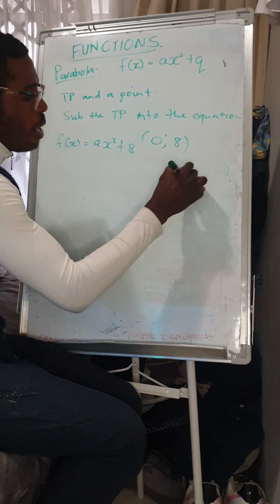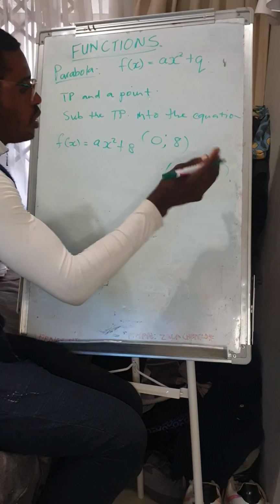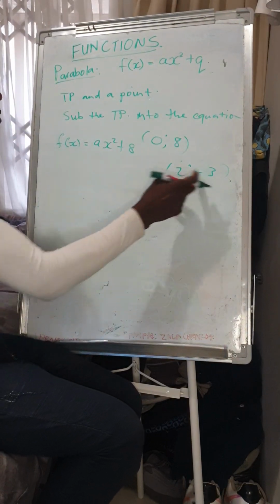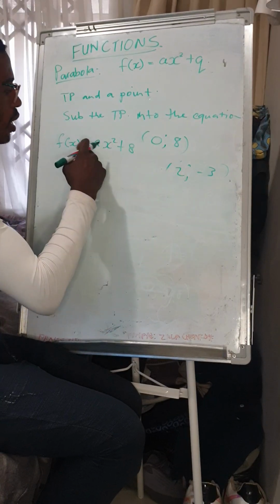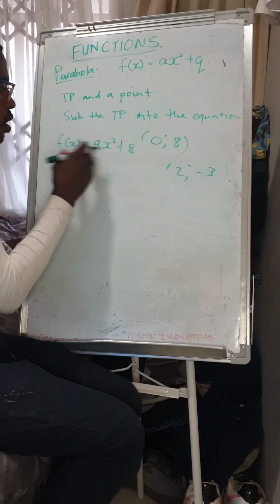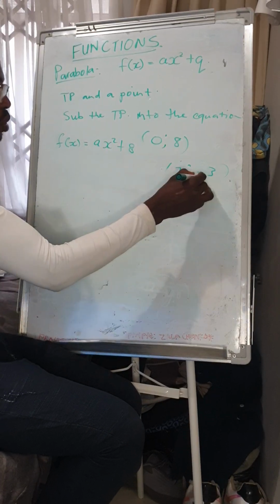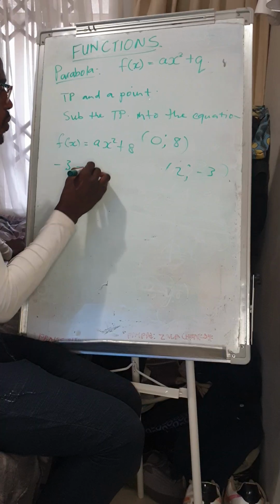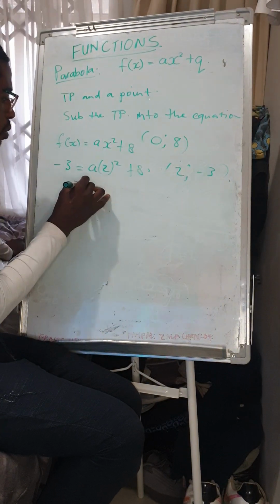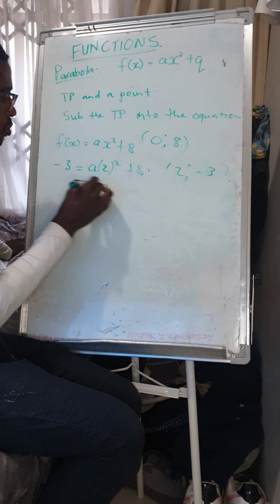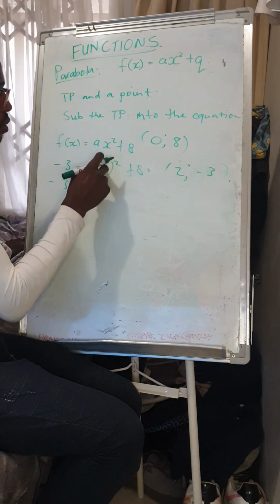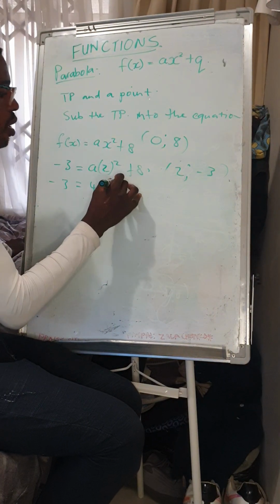Now if you have another point, perhaps (2; -3), let me use a different number. Now you can substitute this into the whole thing. Already you have the 8, so now we substitute this point to find the other value. So we have -3 equals a times 2 squared plus 8. Here you're going to have 4a, so -3 equals 4a plus 8.